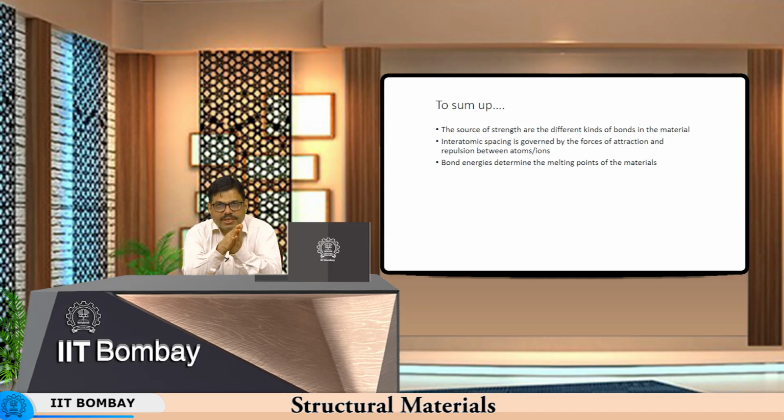The interatomic spacing is governed by forces of attraction and repulsion between atoms and ions, because when I take a material, what I see as an aggregate is a collection of a huge number of atoms, several millions of atoms, billions of atoms, trillions of atoms, which are spaced at a certain distance with respect to each other, determined by the forces of attraction and repulsion.